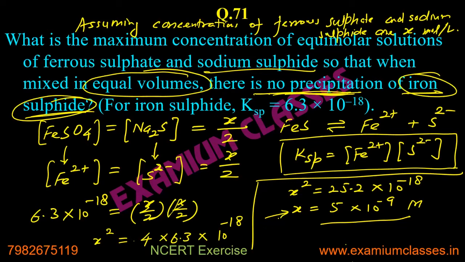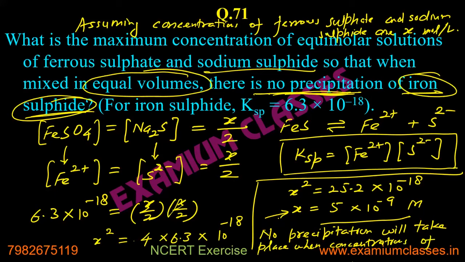So your statement will be that no precipitation will take place when the concentrations of these two equimolar solutions, that is ferrous sulfate and sodium sulfide, are less than or equal to 5 into 10 to the power minus 9, or whatever the exact value is.